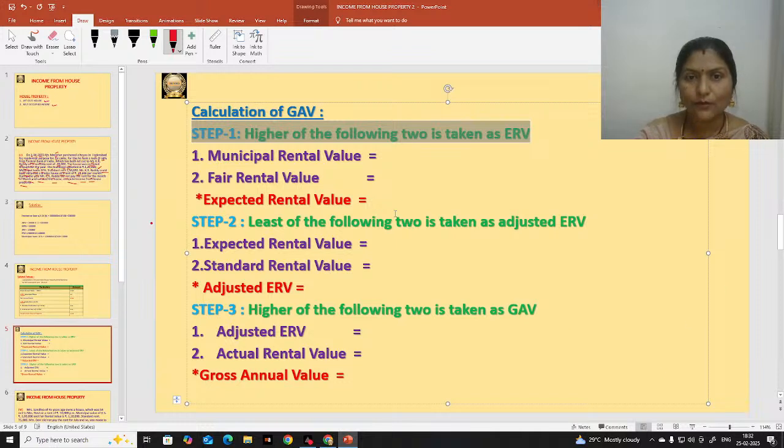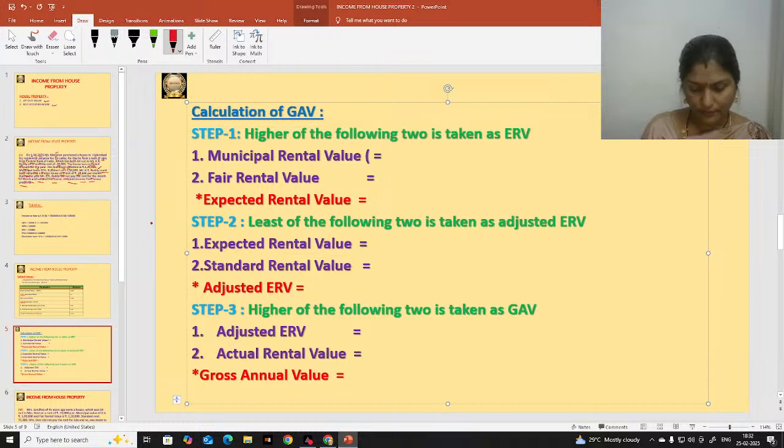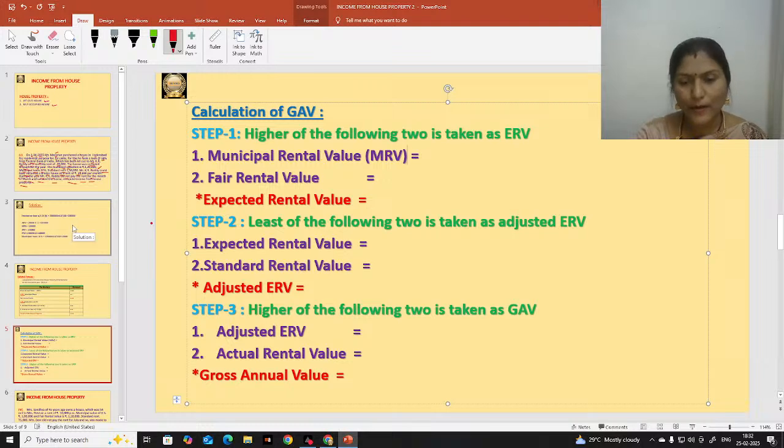Let us see what the two items are. First one is municipal rental value. Municipal rental value, short form is MRV. Let me write the short form here: MRV. So what is MRV in our question? Let us go back and check.